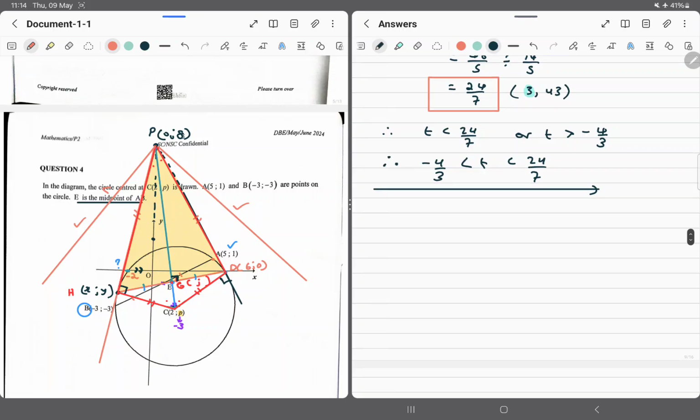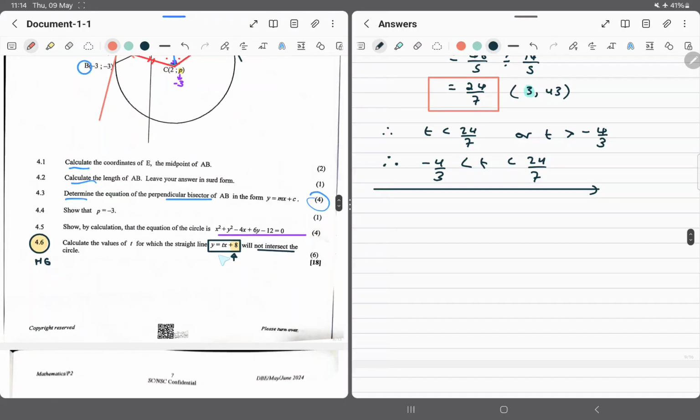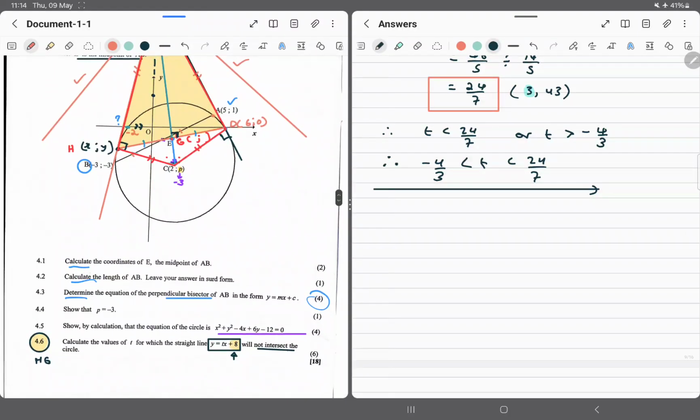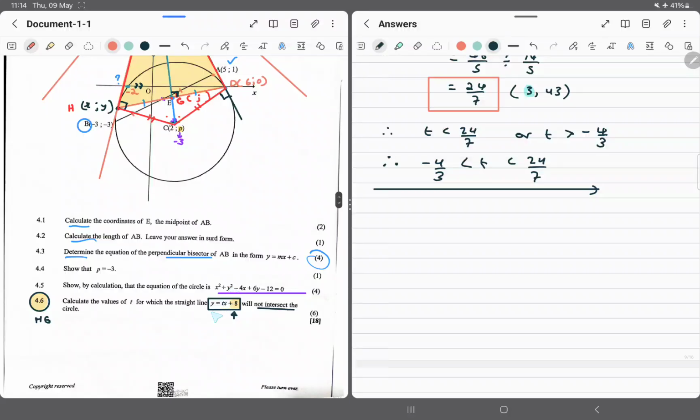Now what comes to mind also is the fact that if this line is equal to the circle, we can just check when we take this y value here. Remember, the y value is equal to tx plus 8.